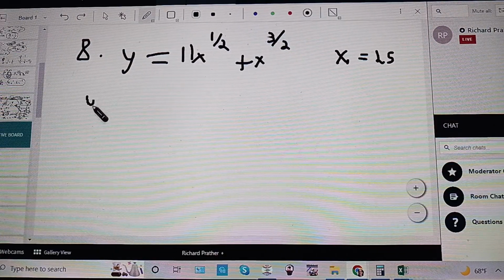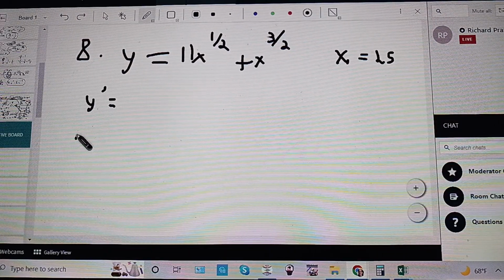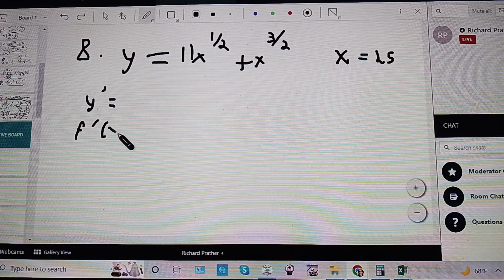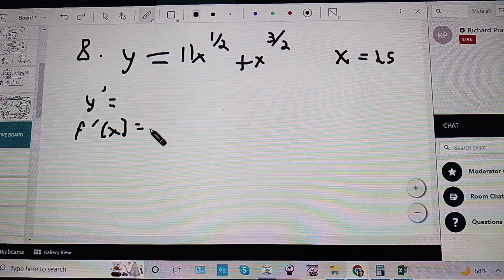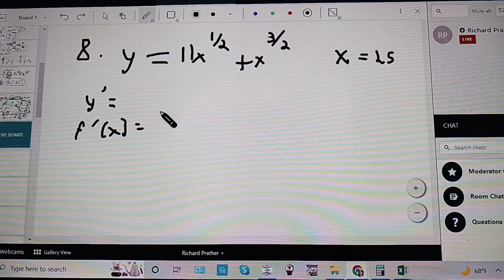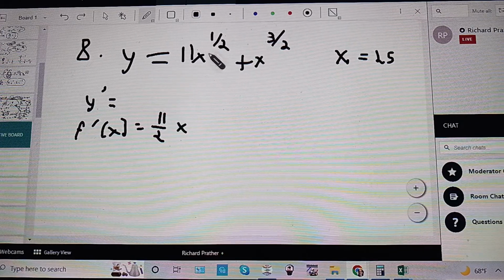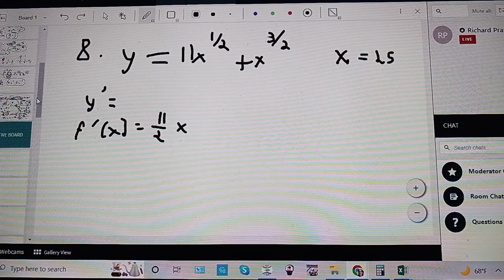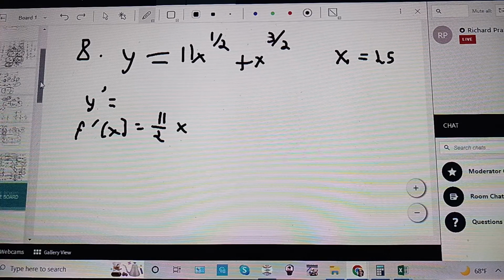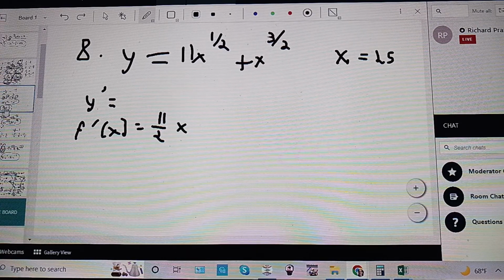Okay, so the derivative, or I could put f prime of x since I'm going to be plugging a 25 in later. So a half of 11 is literally 11/2. It doesn't simplify. And remember when I did 1/2 minus 1 earlier, 1/2 minus 1 is 1/2 minus 2/2, which is -1/2.